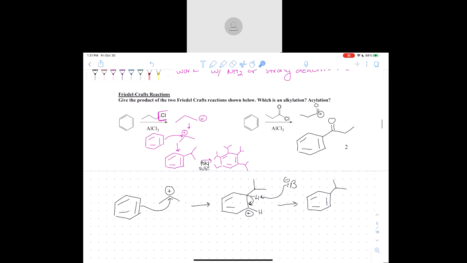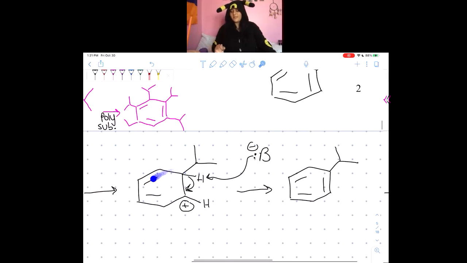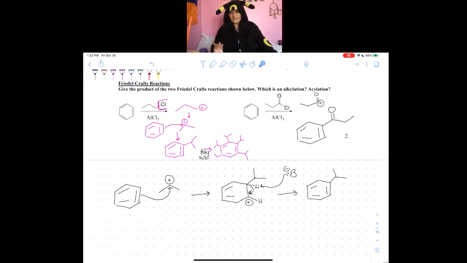Yeah. Okay, no worries. So basically what happened in this step is we did an addition reaction, and we ended up with a plus charge, right? So here we lost aromaticity, which is really, really bad. So we want to regain aromaticity, and the way we do that is by having our base that was formed in the first step, when we went from this to this.